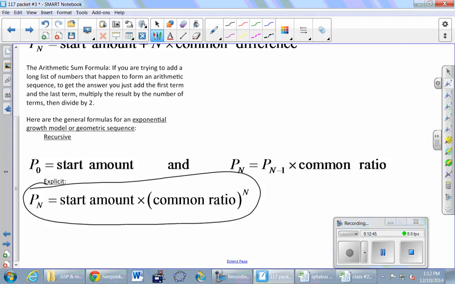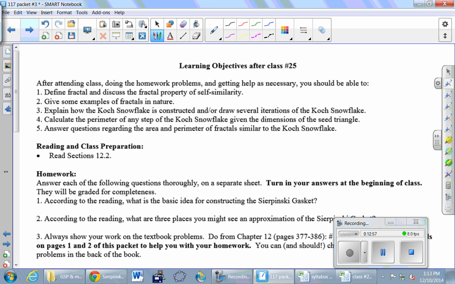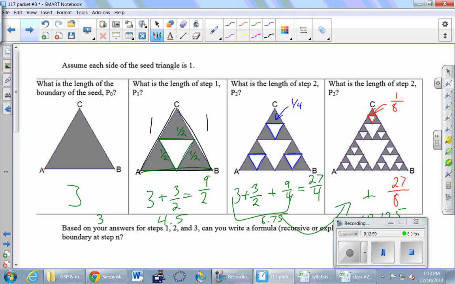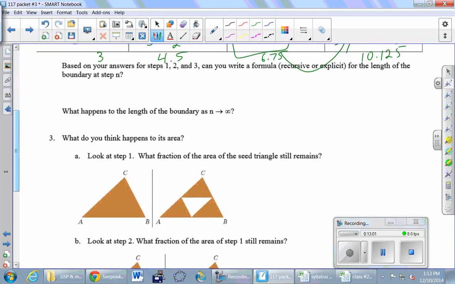What's the starting amount for us? 3, that was the original length, times the common ratio 1.5, raised to the n. So that's it. Yeah, great. So there's our formula.